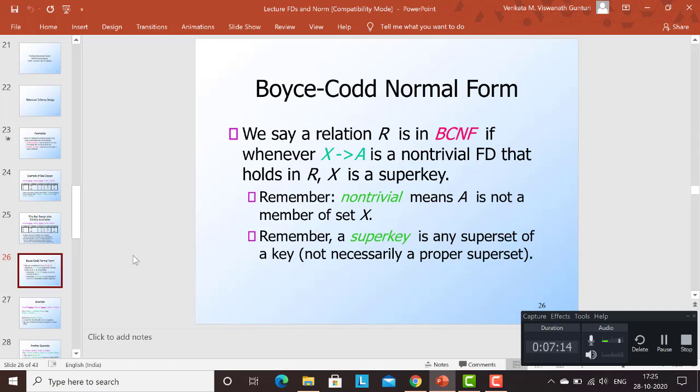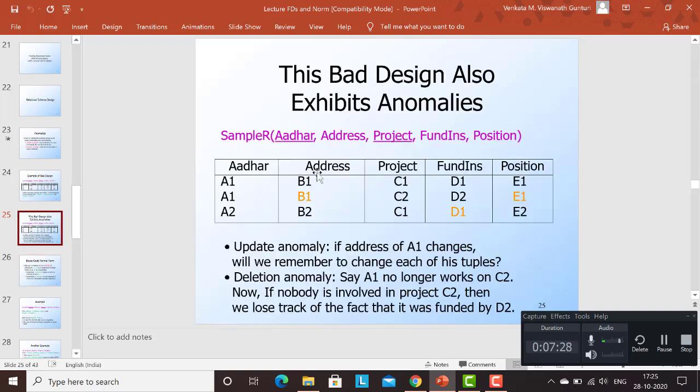Whatever normalization forms we are going to study, we'll try to make sure that the schema we get out of this normalization does not have all these problems, in the sense that it does not have data redundancy, update anomalies, or deletion anomalies, to the maximum extent possible.